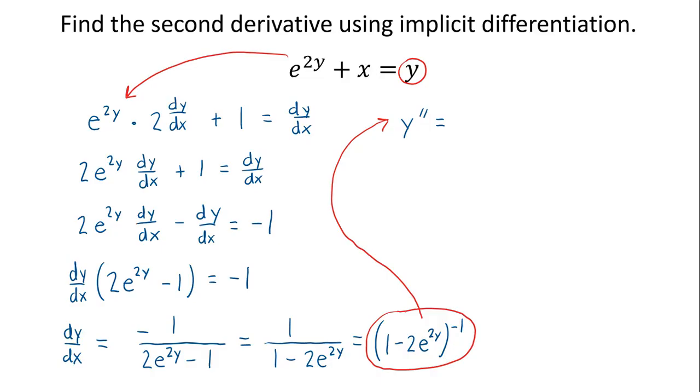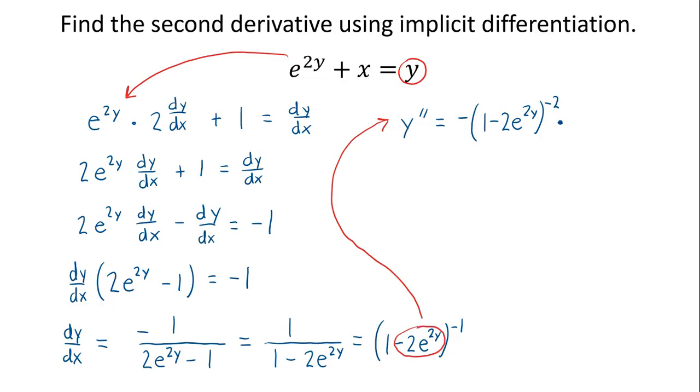The first thing we need is the derivative of the entire outside function, or the entire first derivative. Using the power rule, the derivative of the outside is the opposite of the difference 1 minus 2 times e raised to the 2y, raised to the negative 2 power. Now we multiply that by the derivative of the inside. The derivative of the first term on the inside, 1, is 0.